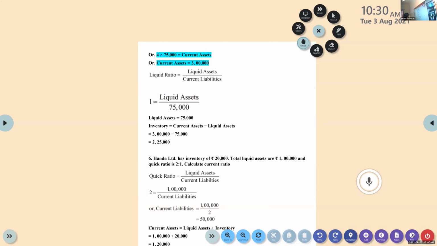You have all the informations. Current asset we found out it is 3 lakh. Liquid asset we found out that is 75,000. So how much is inventory? Current asset minus liquid asset. Inventory is equal to 2,25,000.